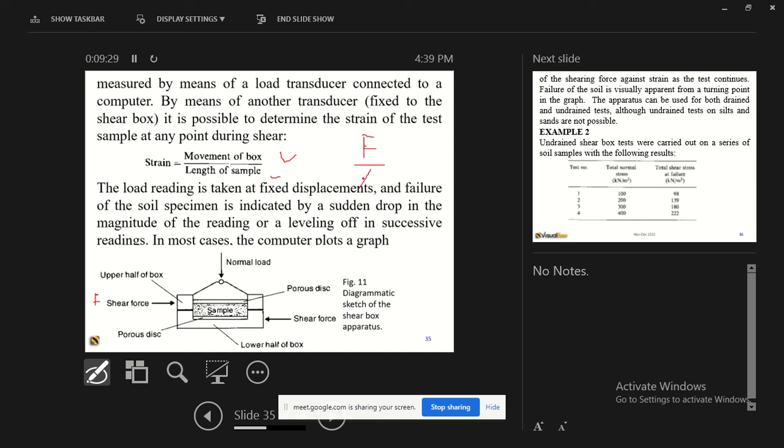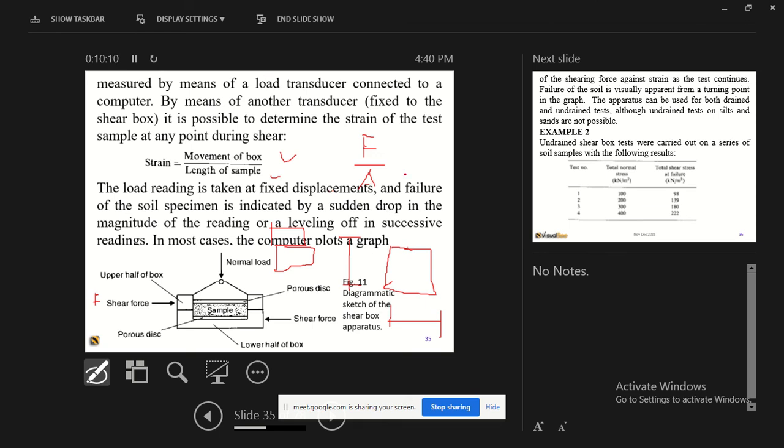So to get the stress, it is usually the force over the area. But please note, this area is changing because you are shearing. Initially the area is 60 by 60, but at some point the area is being sheared, so it divides itself into two, so it's distorted somehow, which you have to take care of.